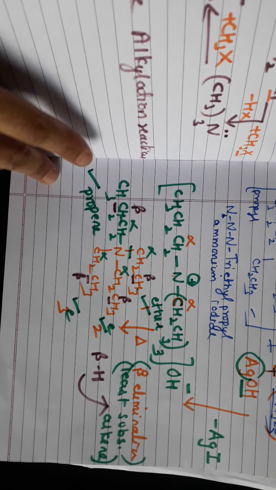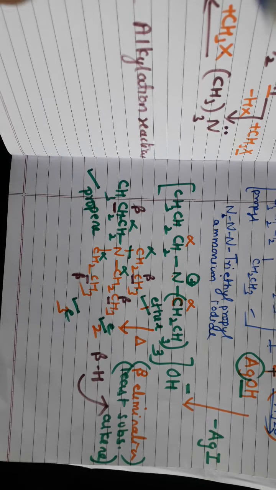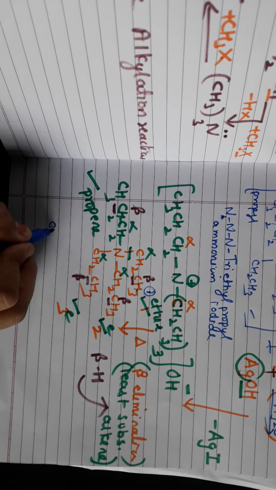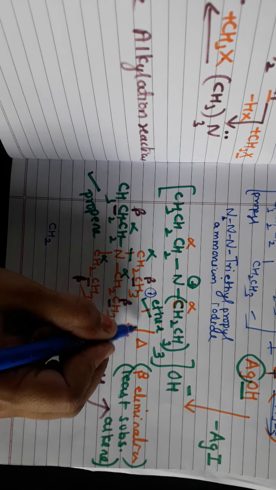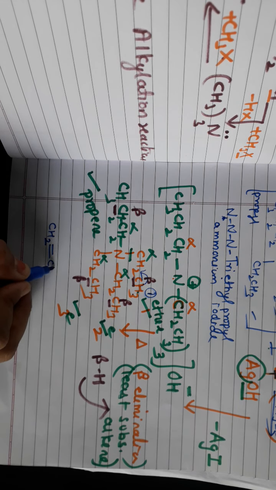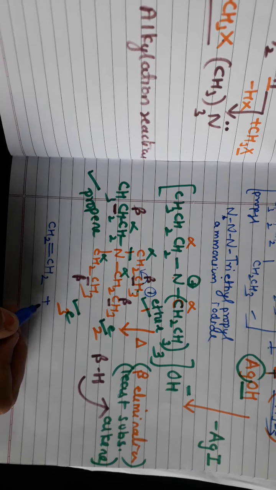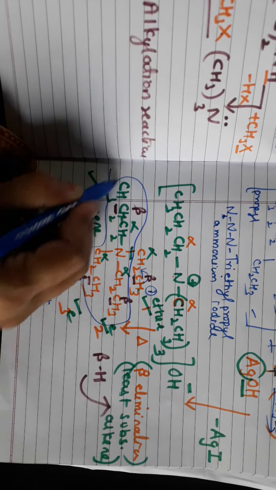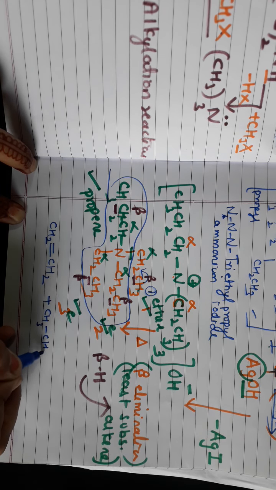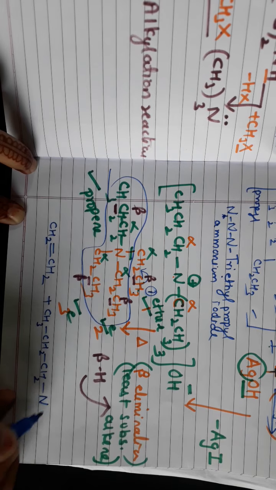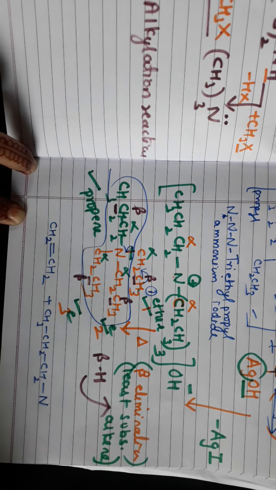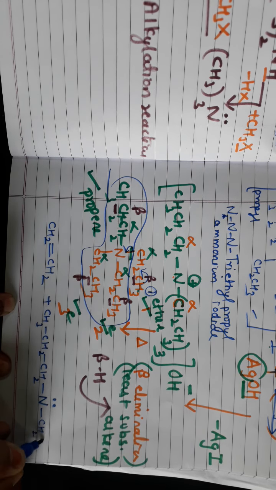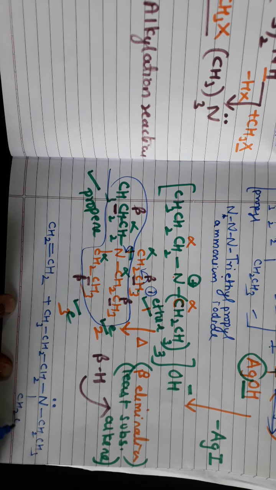So I am going to get the final product as follows. Suppose I take this example, from here it is getting eliminated. So I'll write CH2, one H will go and that bond will shift to the middle: CH2=CH2. Now I'm copying the entire structure: CH3CH2CH2N, and electrons will move back to nitrogen. We'll get a lone pair over here, and CH2CH3, CH2CH3.